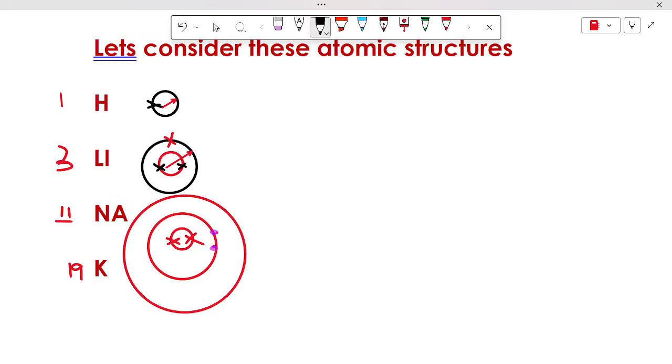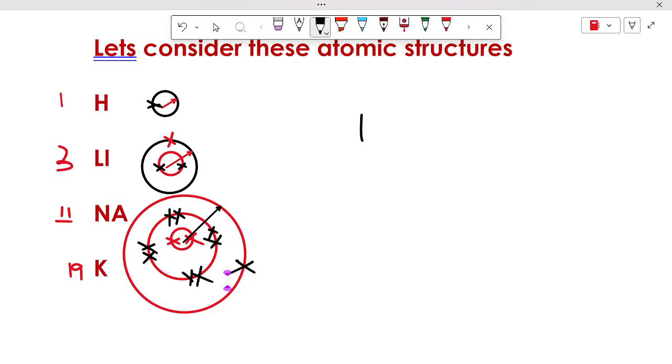This will be 2 and 8: 1, 2, 3, 4, 5, 6, 7, 8, and then 9. Its atomic radius is a little bit bigger. Let's draw the next one.